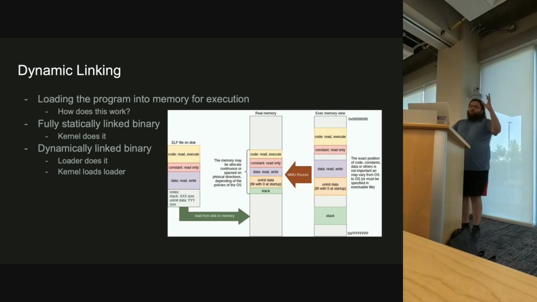So I grabbed this image from somewhere and linked it in the notes. Here on the left we have our ELF file on disk. It's got its text, its read-only data, its data, and also other stuff. When we load this into memory, someone has to do that. Someone has to take the data from the file system and put it into RAM, or somewhere else if you're on some weird embedded system.